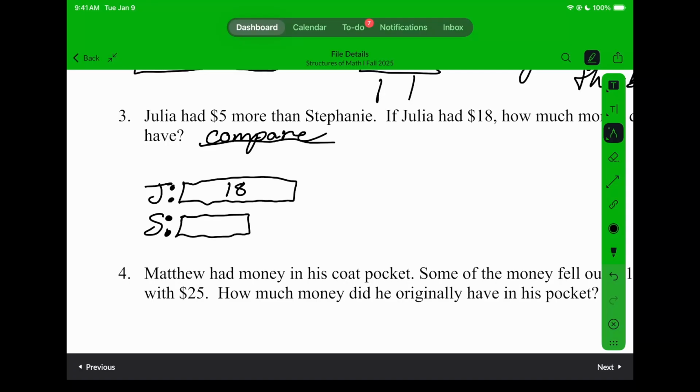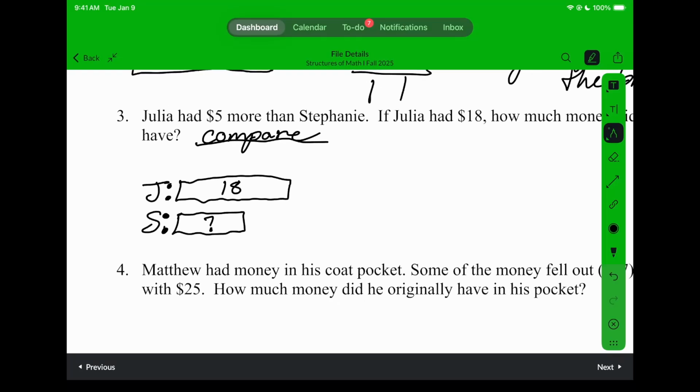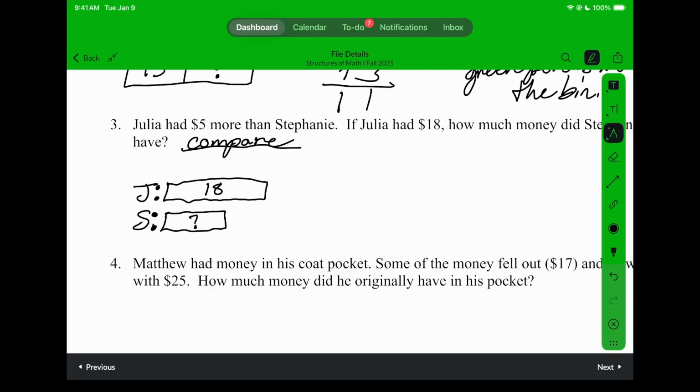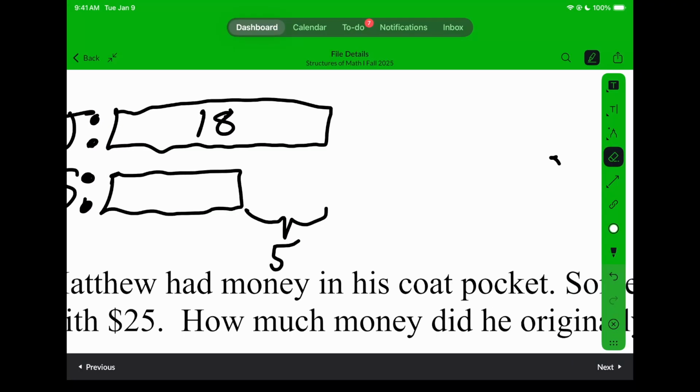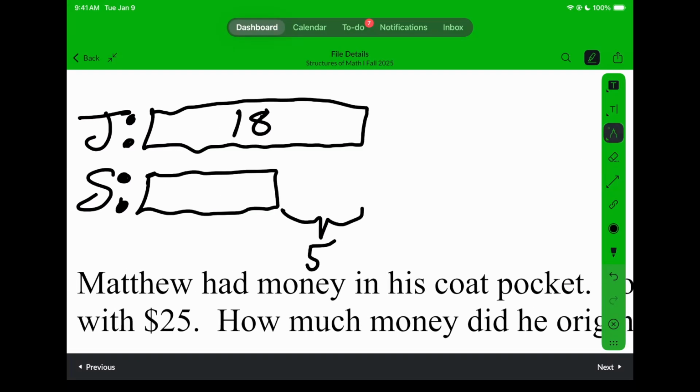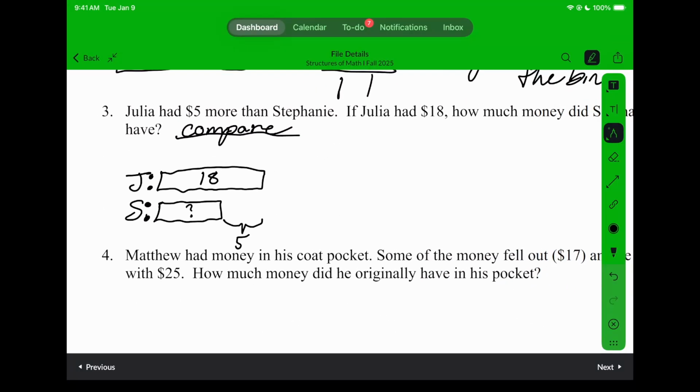And then Julia has 18. So we need to know Stephanie's. And we also know that this section is 5. And look at that. That's all we need. Question mark in the spot saying that we need to find Stephanie's total.